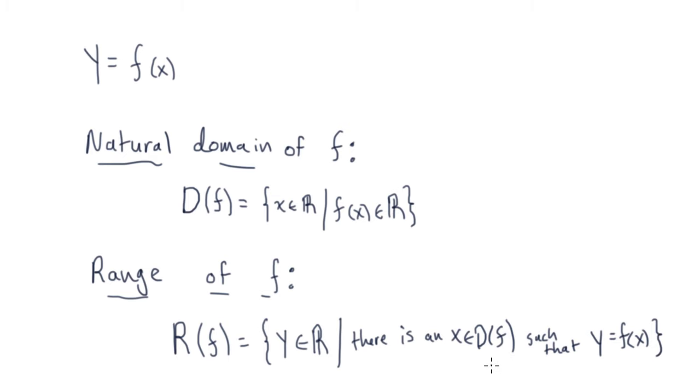So in other words, we're just looking at all of the real numbers that are outputted by the function. You look at all possible inputs, and then you see what happens when I plug in those inputs into my function. The collection of all possible outputs is the range of f.